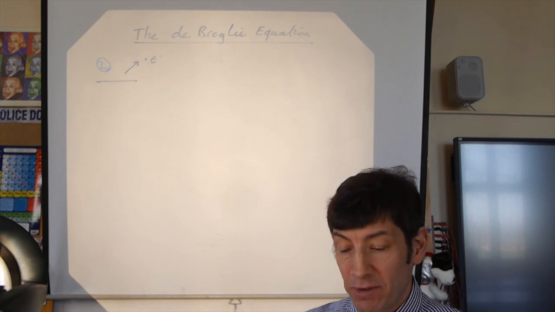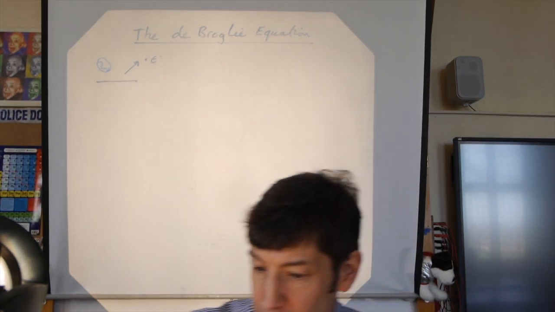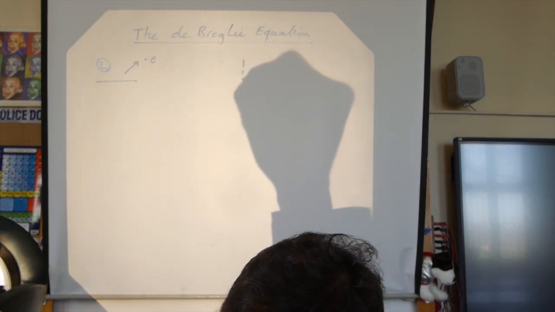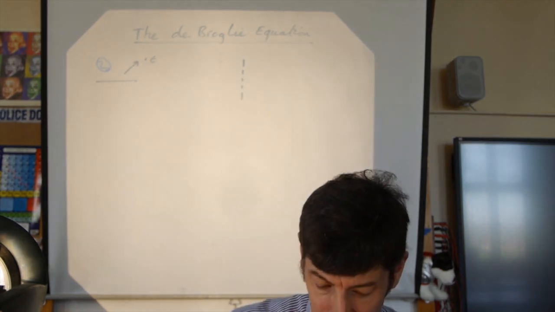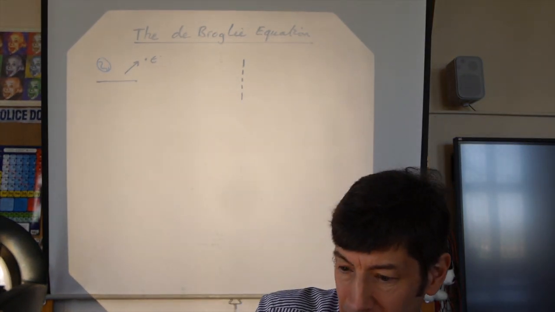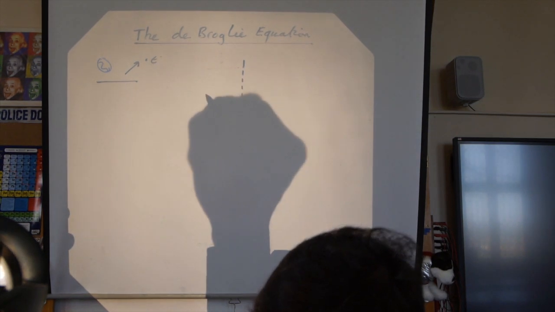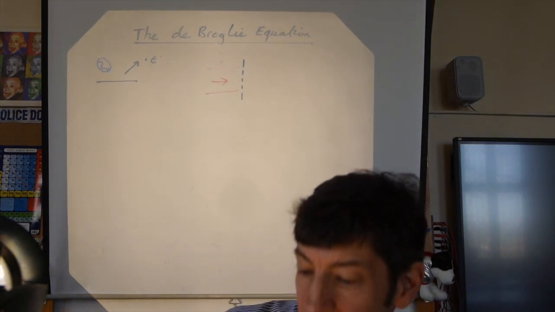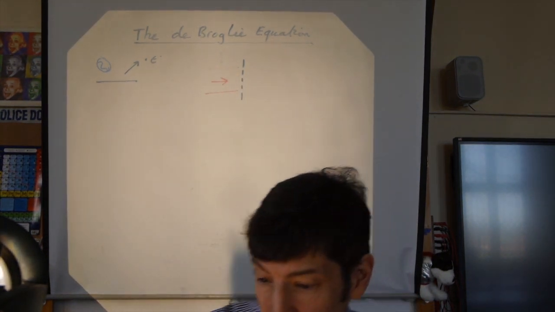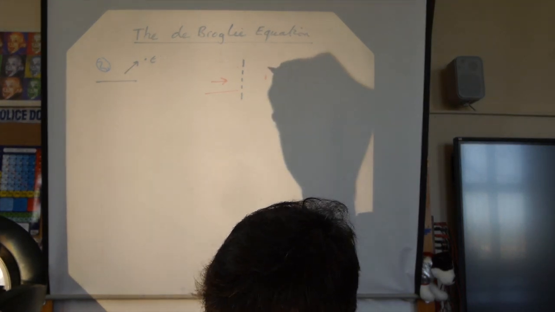And then you do experiments where you shine light at multiple slits. I won't do this in detail, but you shine a laser beam at multiple slits, and you get places on the screen where you see light, you don't see light, you see light, you don't.